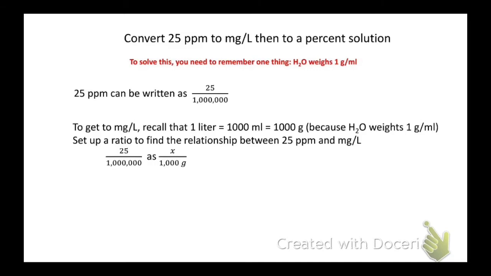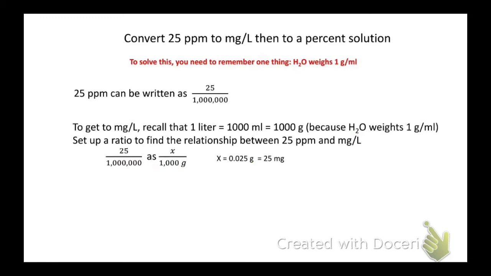So to get to milligrams per liter, let's recall that 1 liter is equivalent to saying 1,000 milliliters, and that's also equivalent to 1,000 grams because we know that water weighs 1 gram per mil. So let's set up a ratio. 25 is to 1 million as X is to 1 liter, or in this case I'm substituting the 1,000 grams because that's equivalent to saying 1 liter.